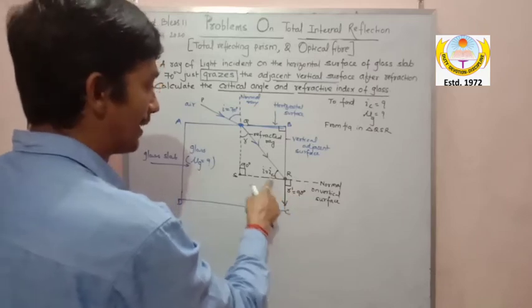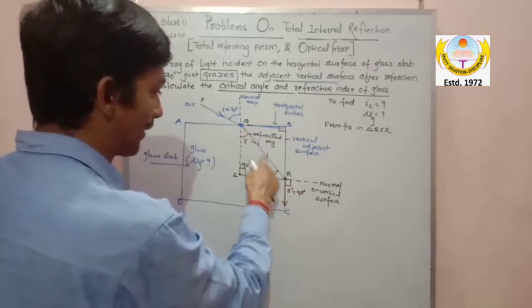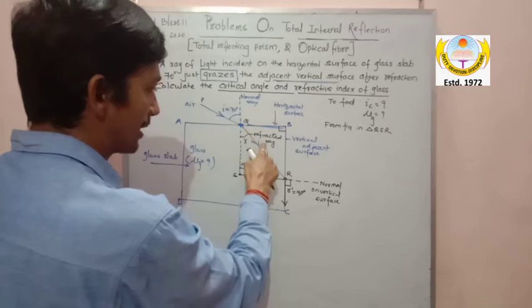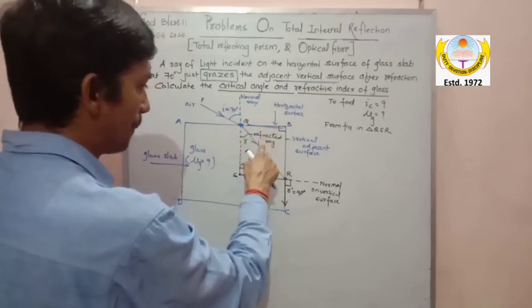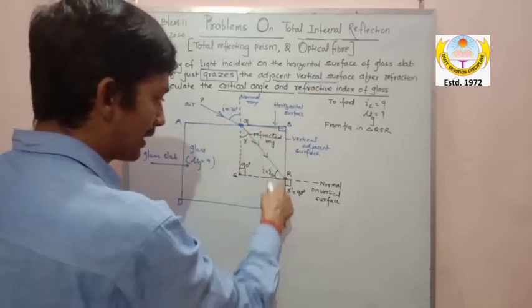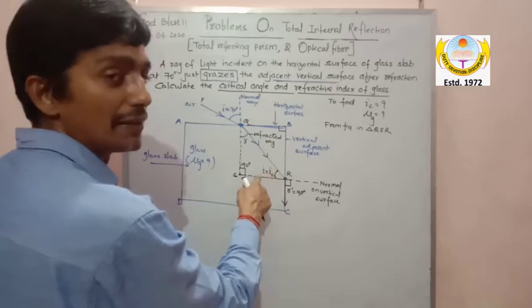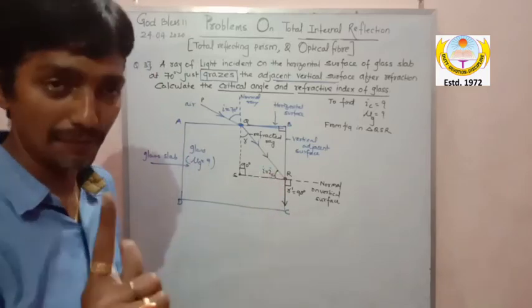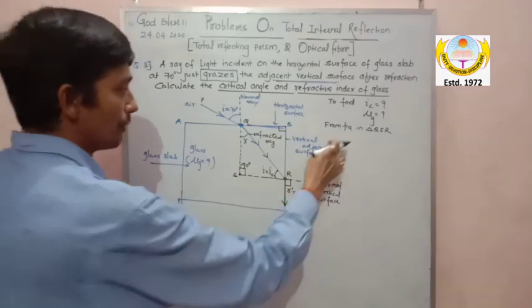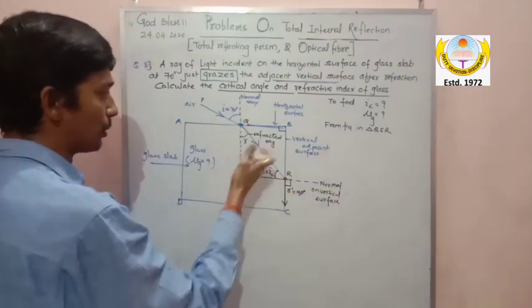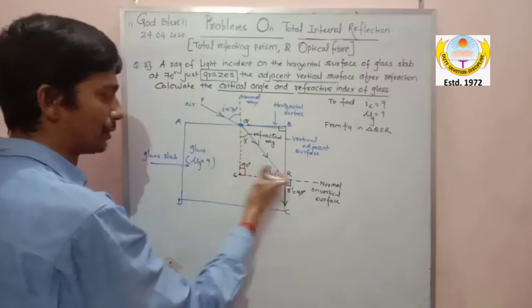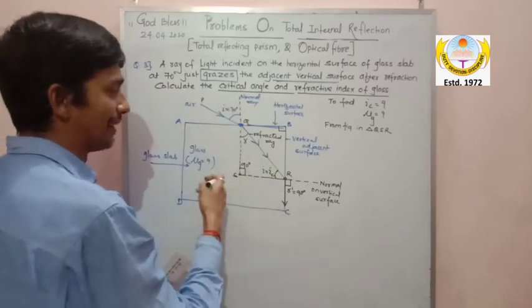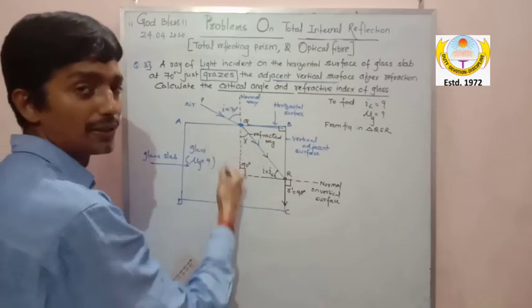But this is 90 degrees only when this ray falls on this surface such that the angle of incidence becomes equal to the critical angle, then only the refraction is 90 degrees. Take care. So now what I did, I have drawn the two normals on both surfaces and joined them. If the surfaces are at 90 degrees, of course the normals drawn to them are also at 90 degrees.